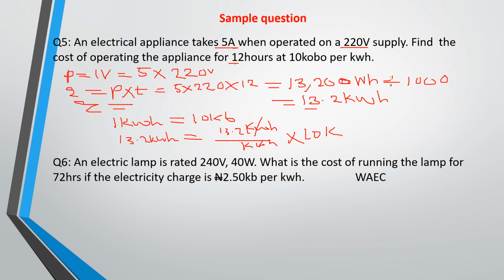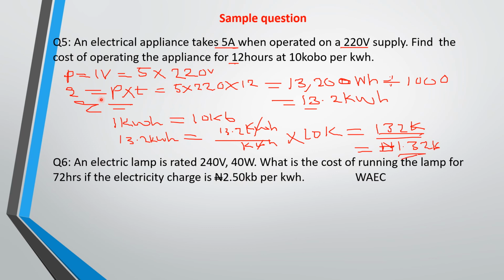So all this cancels out, so that you now have your cost of energy as 132 kobo. Okay, if you convert this to naira, it will be equal to 1 naira 32 kobo.